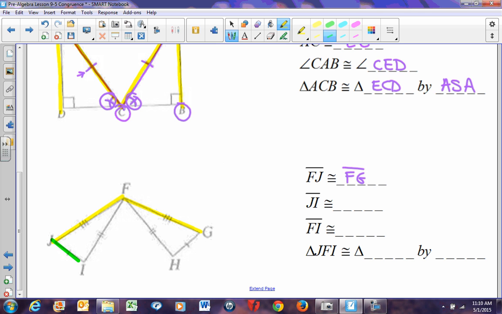So since it started from J, which is connected to the yellow, I'll start from G, which is connected to the yellow, so it would be GH. So here is GH. And then FI starts at F, goes to I. That's just the last side left. F to I has to be congruent to F to H.